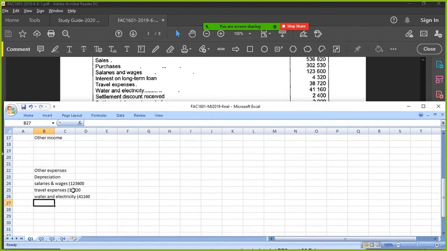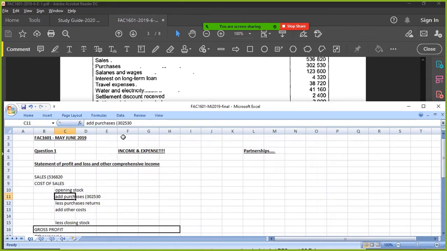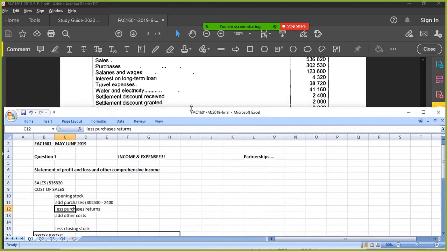Settlement discount received. We spoke about this earlier today. Okay, it's going to be offset against your purchases because you take this off your creditors. Remember, creditors give you discounts. You receive discounts from them. 2,400. Settlement discount granted. They're going to take that off sales. 2,000.